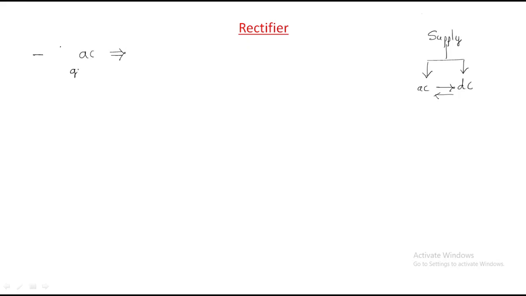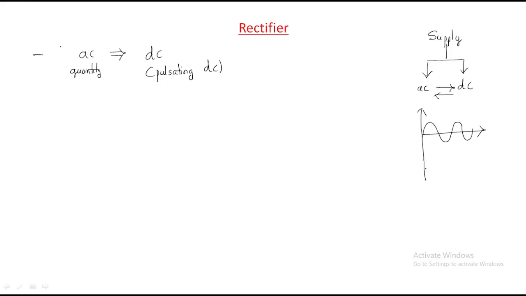Here, a rectifier is a circuit which converts an AC quantity to DC. It's not pure DC, it's a pulsating DC. For example, you know that the AC waveform is a sinusoidal waveform, like that.